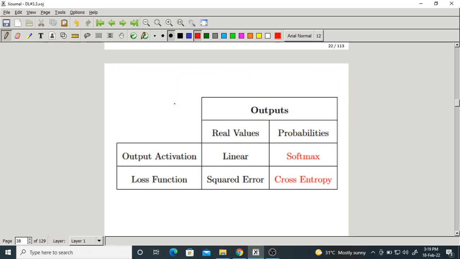Now, I told you we deal with the output activation function as well as the loss function. If the output has real values, I gave you the example of a movie where we estimate three parameters: IMDb rating, critics rating, and RT rating. In that case, what is the output activation? Linear. Why did we choose linear?